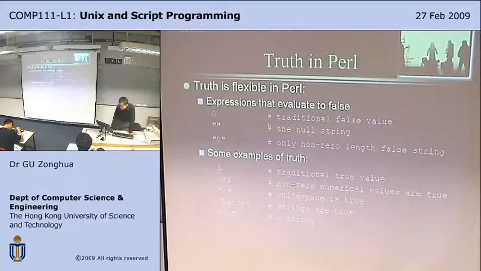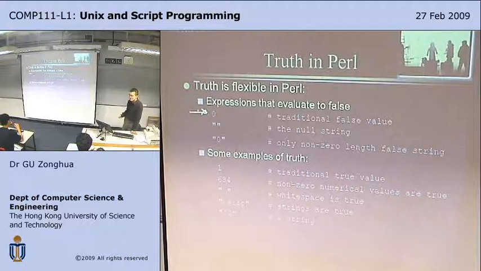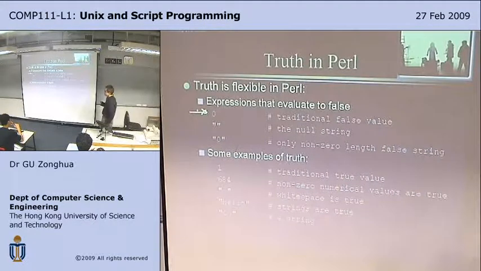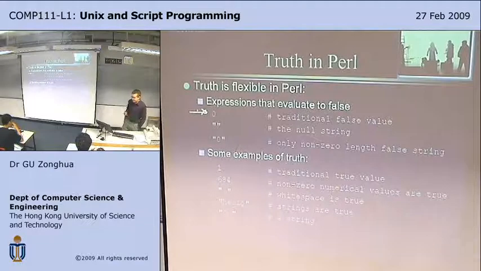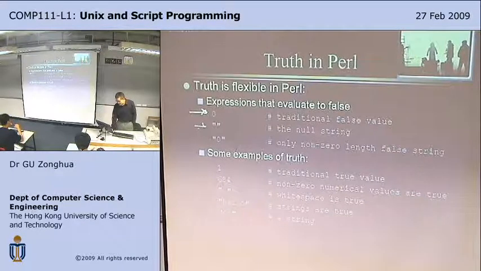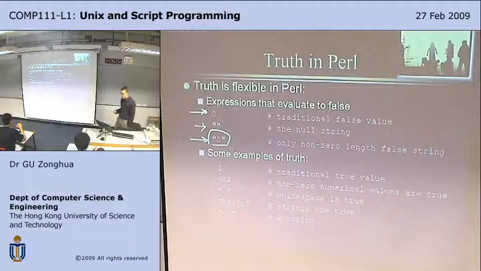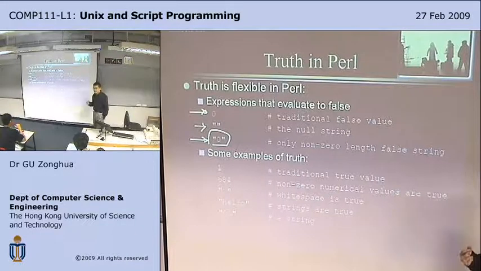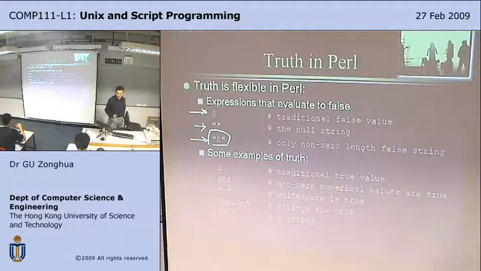Now, which expressions evaluate to false? Traditionally, in C, anything that evaluates to 0 is false. If you have an if expression and the expression evaluates to 0, it's false. Anything other than 0 is true. So here, 0, the null string, and a non-zero length string with a single character 0 are also treated as false.